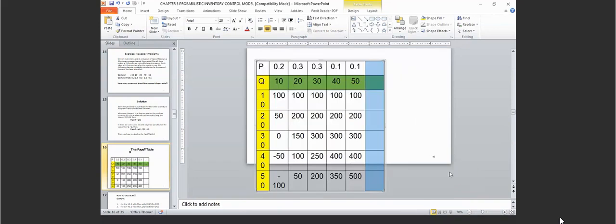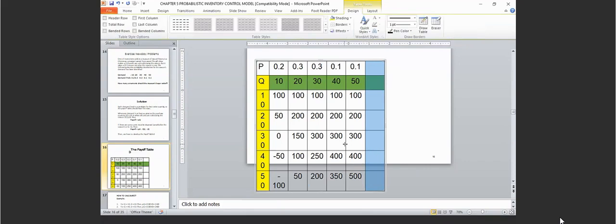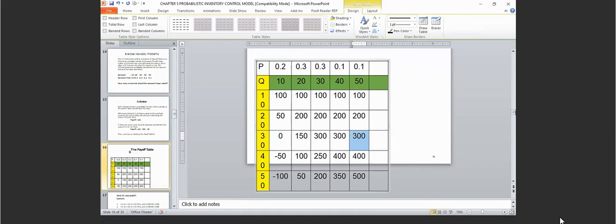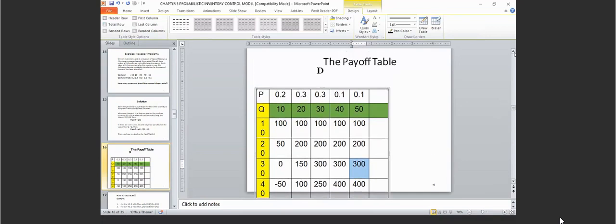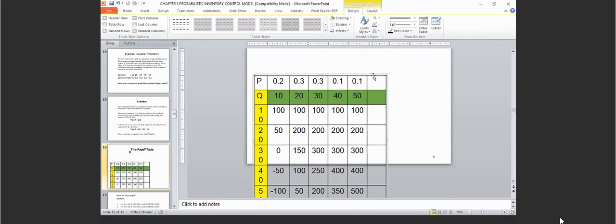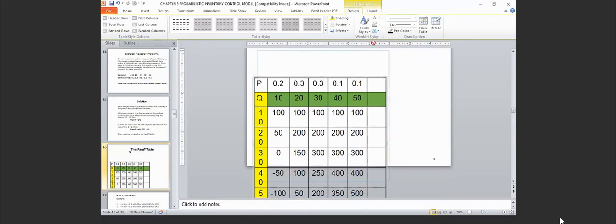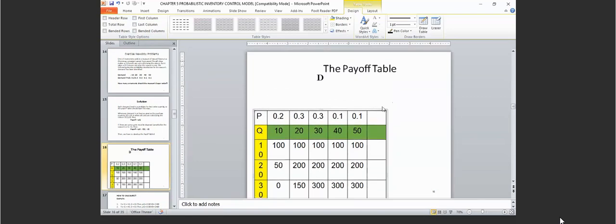Column to the right. Kenapa dia turun bawah?